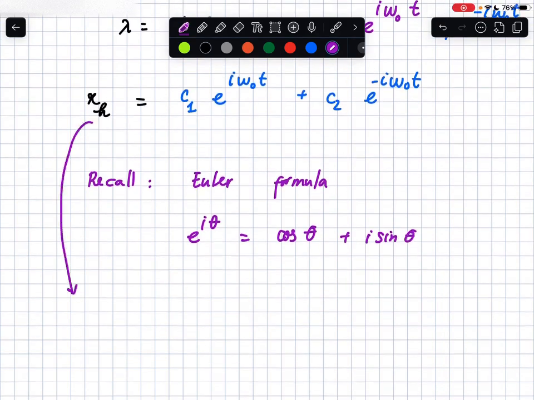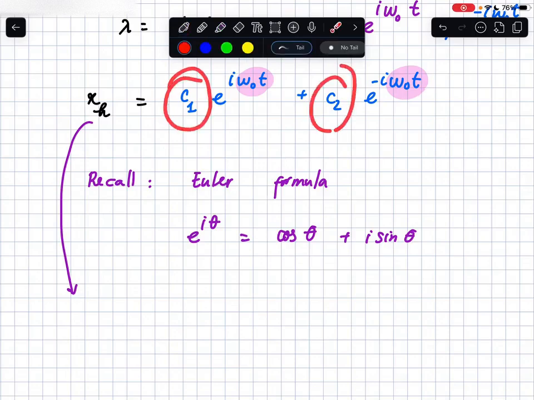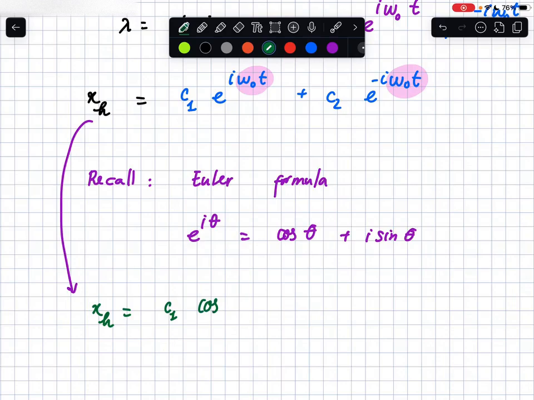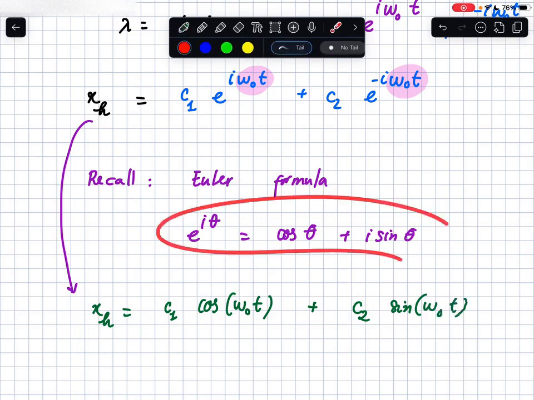So you can write this in terms of sine and cosine of omega naught t. And say if I have big C1, big C2, I can write it as small c1, small c2, like x_h equals small c1 cosine omega naught t plus small c2 sine omega naught t.